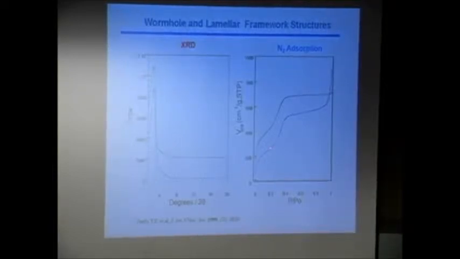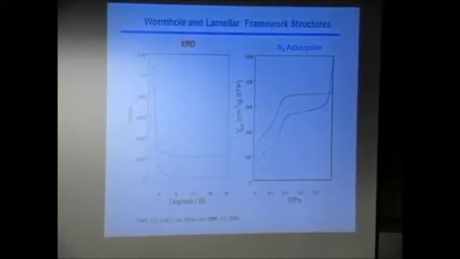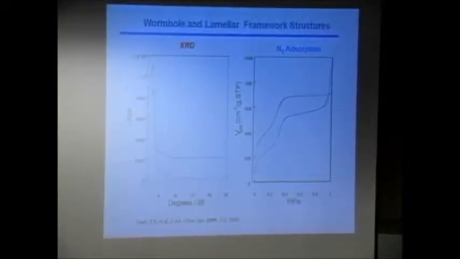But what you may notice here is the filling step is in about the same position as the one we saw with MCM-41, meaning that the pores in this case are about the same size as the MCM-41 structure. But what's different is the step is much more shallow. That is, it's not as vertical as in MCM-41.